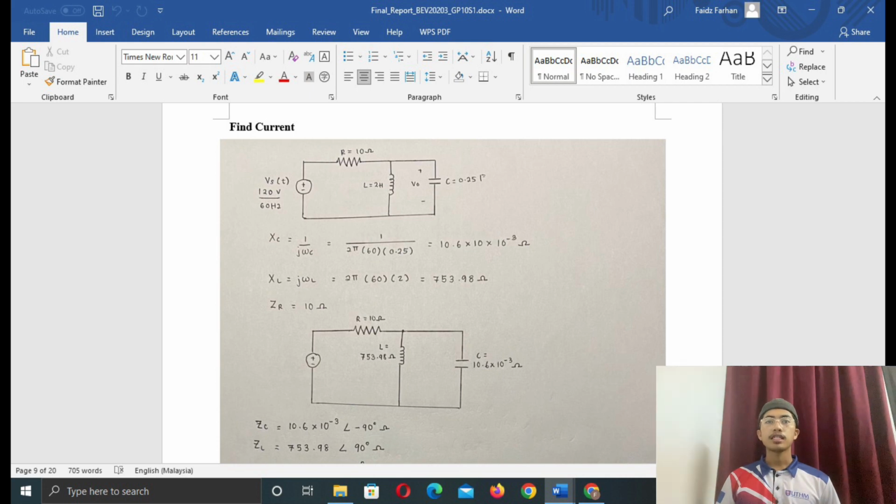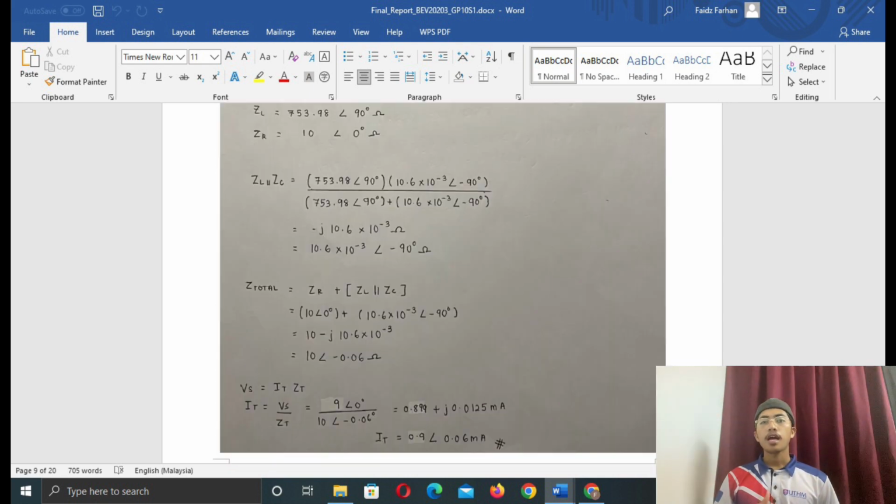And the resistor ZR is 10 ohm. So ZC is 10.6 milli angle negative 90 degree ohm, ZL is 753.98 angle 90 degree ohm, and ZR is 10 angle 0 degree ohm.